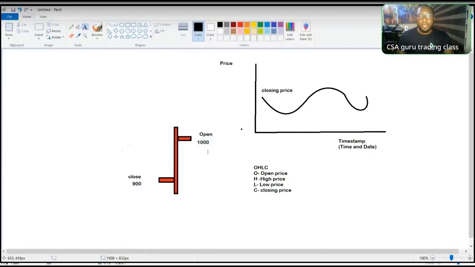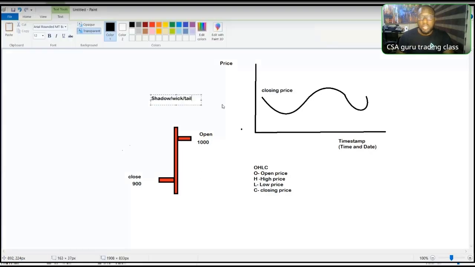But if the price opened here and the price went up, you're still having a candlestick here and another one below it. Whatever we have below or above your opening or closing price is what we call the shadow, wick, or tail.